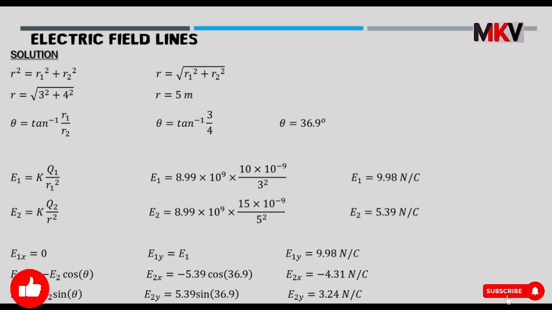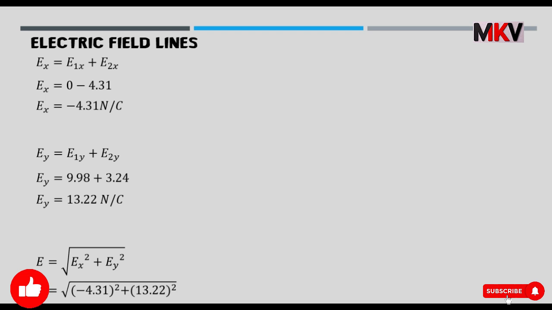So now we've resolved the x and y components for E1 and E2. We therefore sum the values for Ex and Ey. Ex equals E1x plus E2x, which is 0 minus 4.31. Therefore, Ex equals minus 4.31 Newton per Coulomb, as shown here.